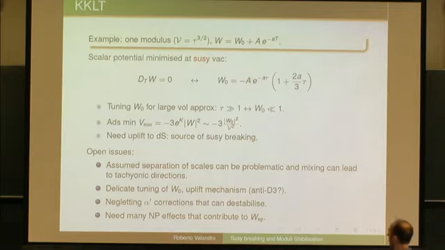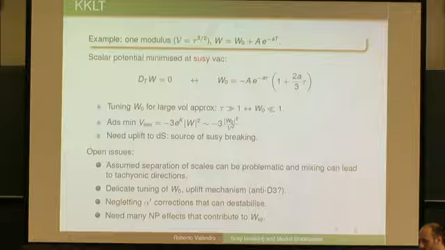But actually, what happens in KKLT is that once you reconsider the minimum as embedded in the full moduli space, you see that moving in some direction, some tachyonic direction could be realized. Okay, and this is a problem.